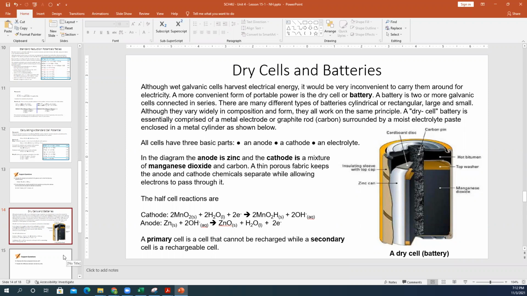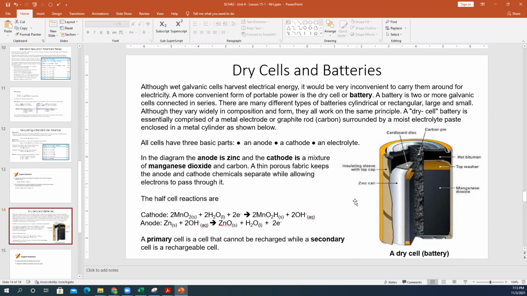A dry cell battery is essentially comprised of a metal electrode or a graphite rod. It's this thing in the middle, surrounded by a moistened electrolyte paste that's enclosed in a metal cylinder. So here is that cylinder, and inside is this wet paste.